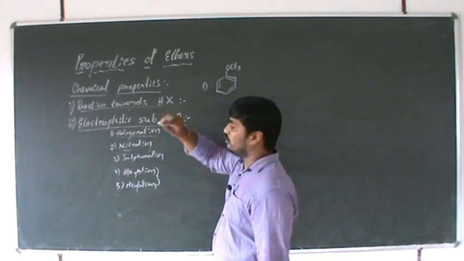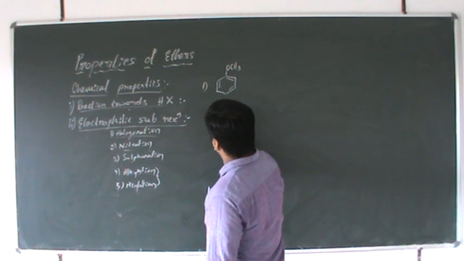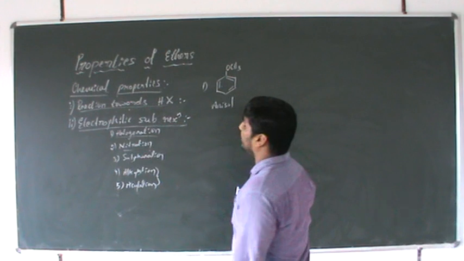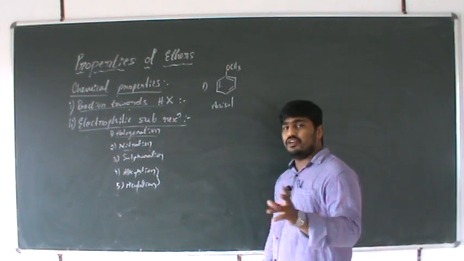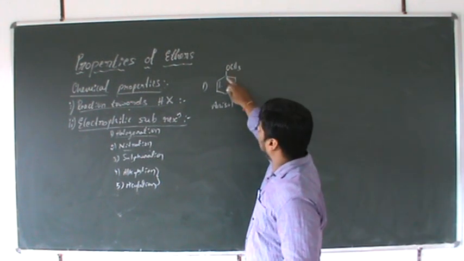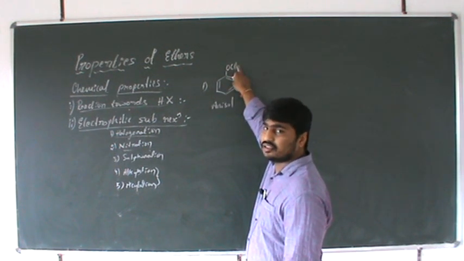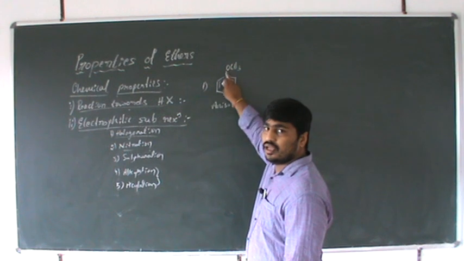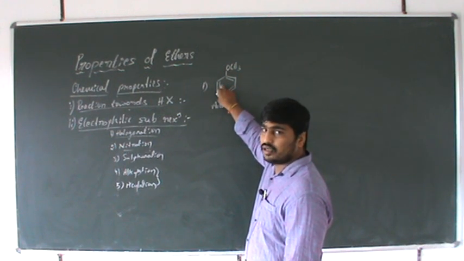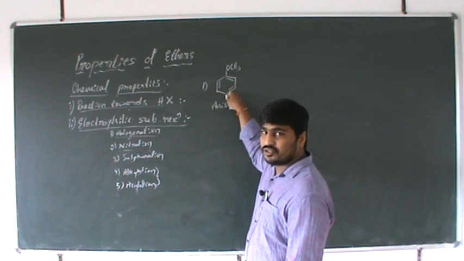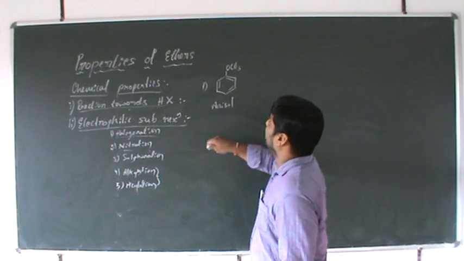The common name is anisole. Anisole is the common name of the compound. And what is the IUPAC name? This is the smaller part, this is the bigger part. Therefore, first we use the smaller part, correct? Methoxybenzene, correct? Just observe the IUPAC name of anisole.